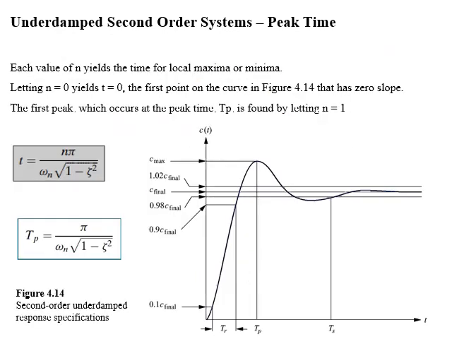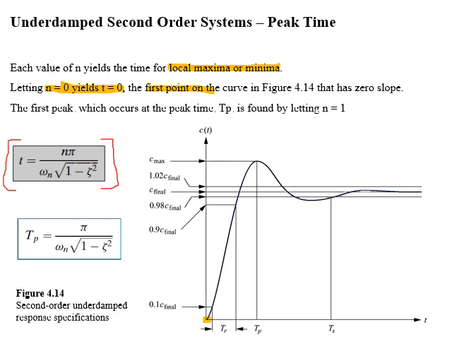Dear students, if you look at the equation from last slide, each value of n gives us the time for local maxima or minima. Let n equals 0 give us time t equals 0, which is first point on the curve shown in the figure and has 0 slope.